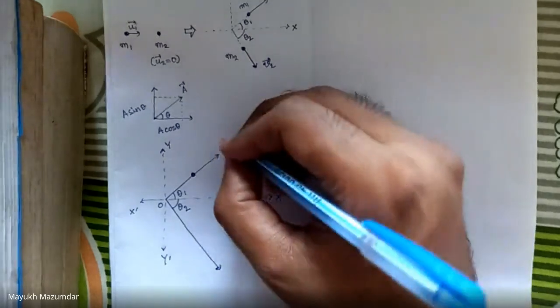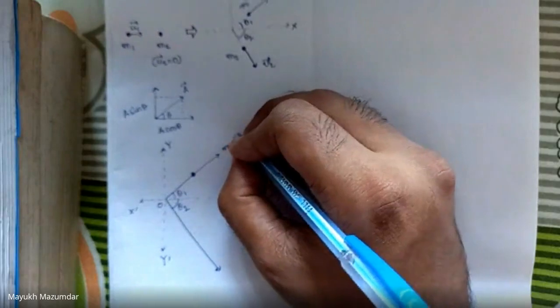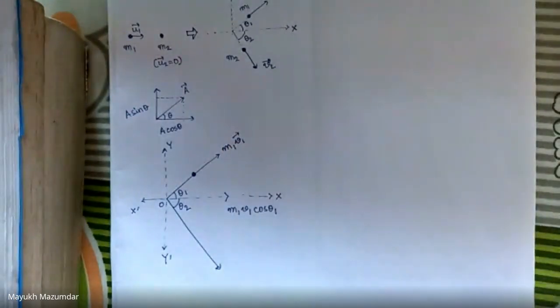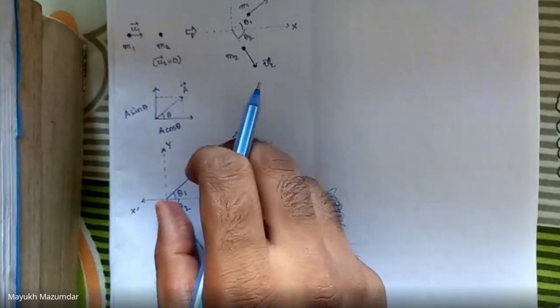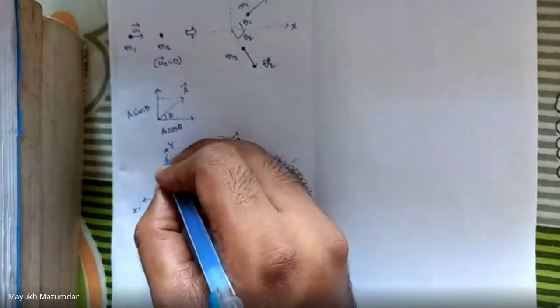You can keep the vector sign as well, no issues. If it's difficult for you to understand, you can keep it like this. And what is the sine component of this vector? That is along this direction.